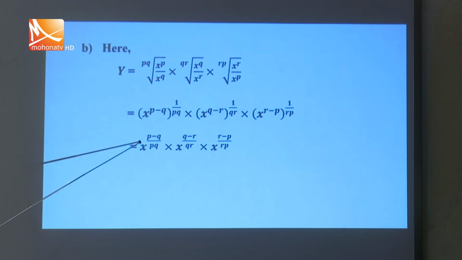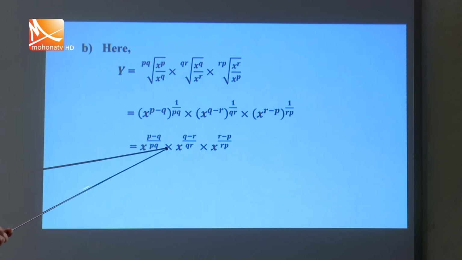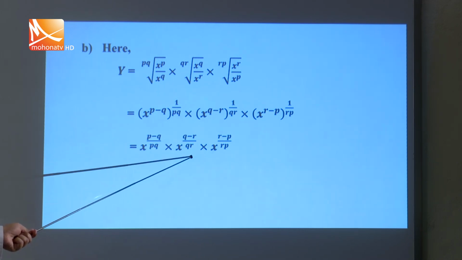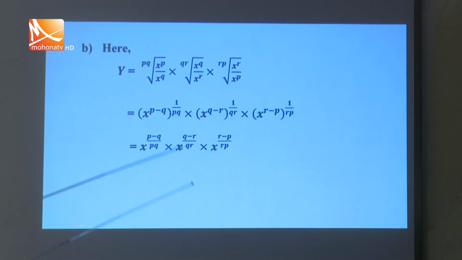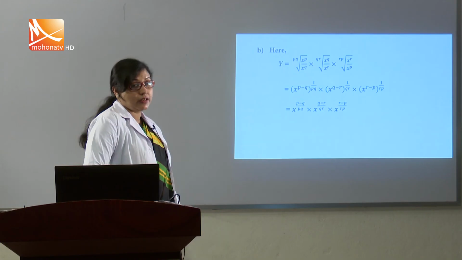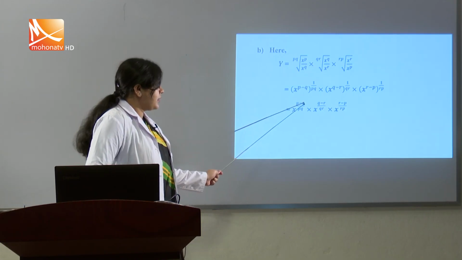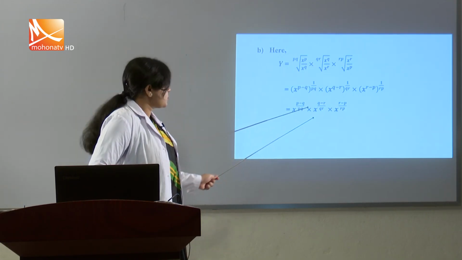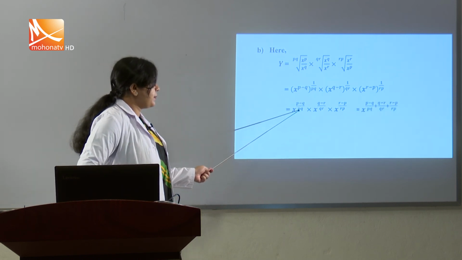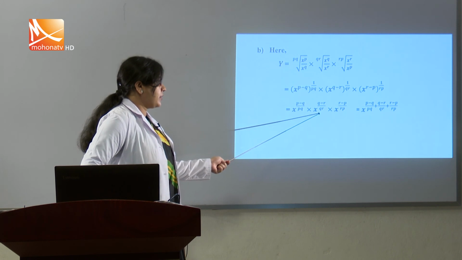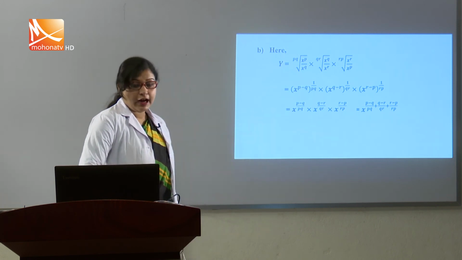So, it will be x to the power (p minus q) divided by pq into x to the power (q minus r) divided by qr into x to the power (r minus p) divided by rp. And since bases are equal here, we can add their powers. So, we have x equal to (p minus q) by pq plus (q minus r) divided by qr plus (r minus p) divided by rp.